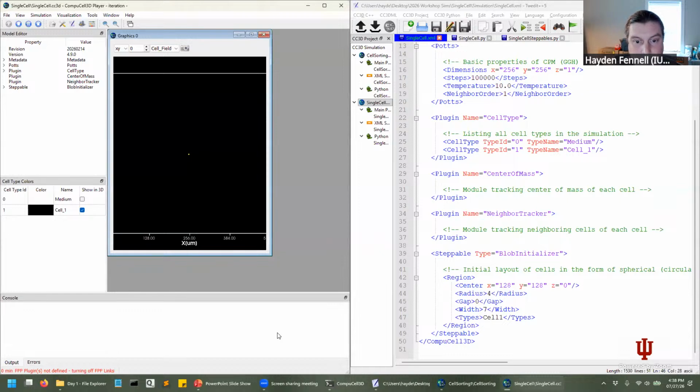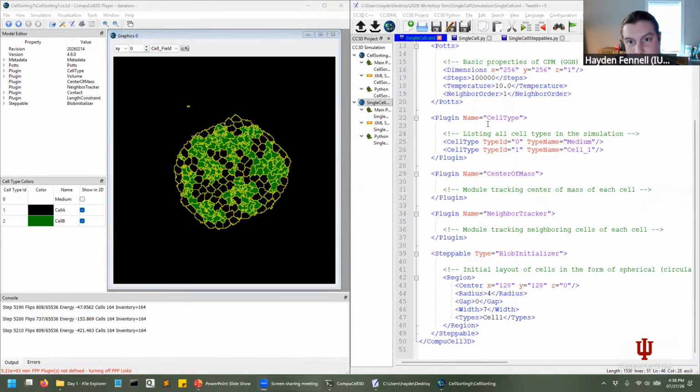And now CompuCell is struggling. And some live debugging is always a great idea.